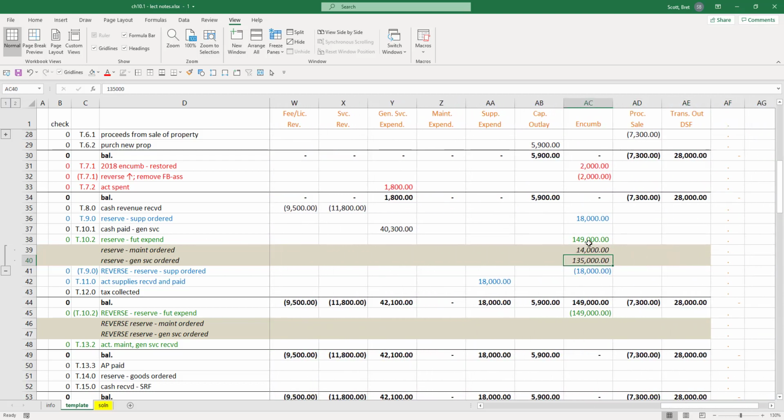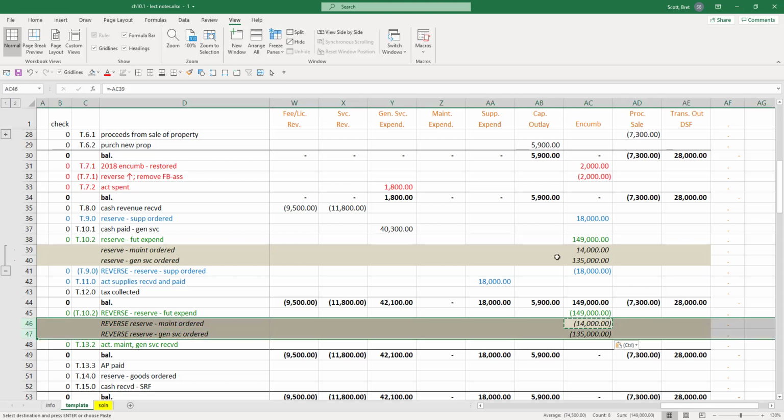All I'm simply saying is that the 149 we initially encumbered was comprised of those balances. Now I'm getting rid of that in its entirety. Granted, I actually received 136,000 in general services. But right now, step one is simply to reverse out whatever the encumbrance balance was in total. Worry about the rest later.